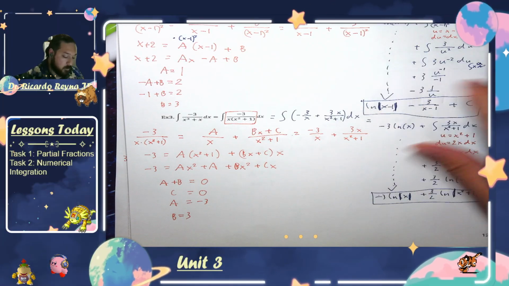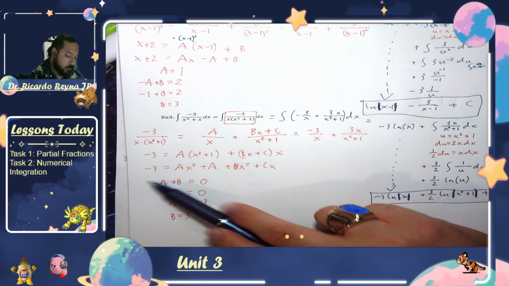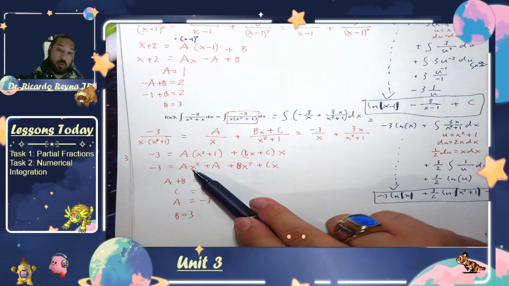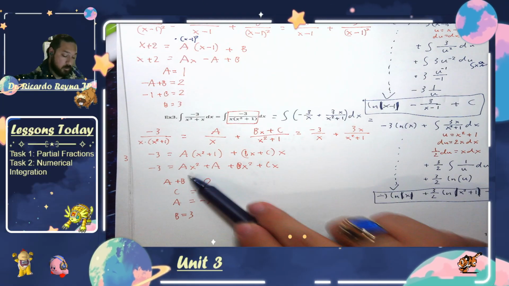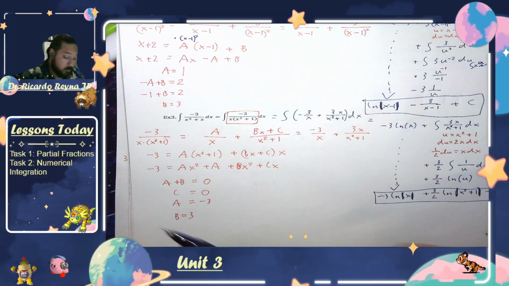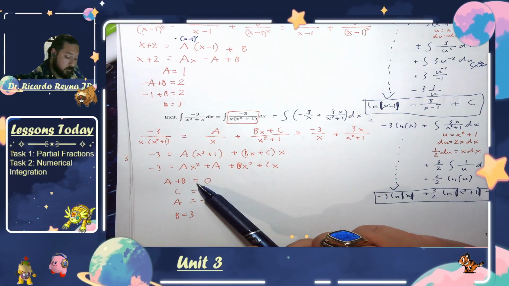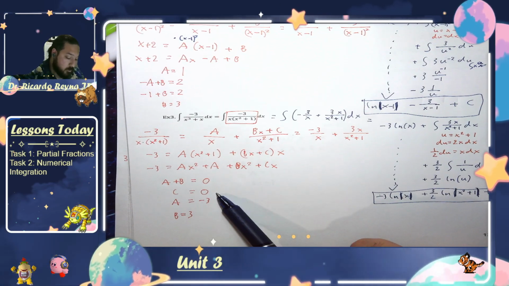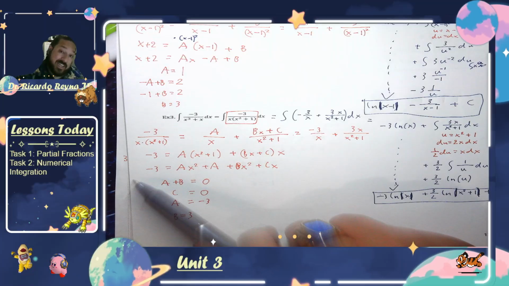And then all of it is equal to negative 3. Similar ideas here, just with an x squared included. There's no x squared term on the left, so that means a plus b must equal 0. And c must also equal 0, because there's no x term on the left.